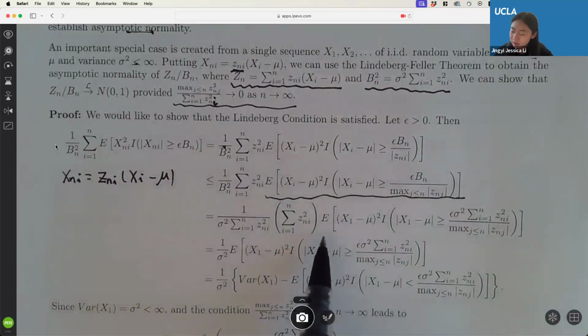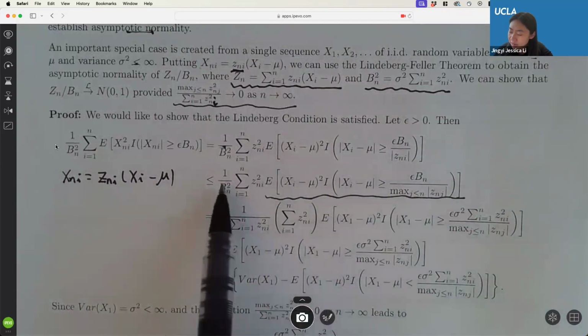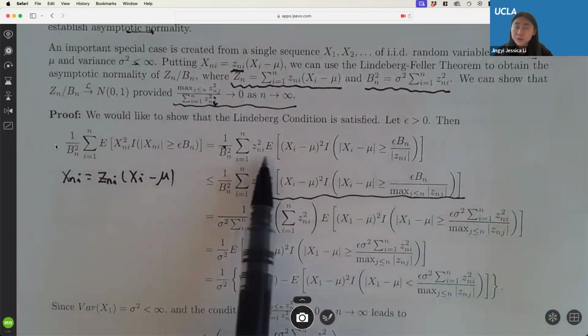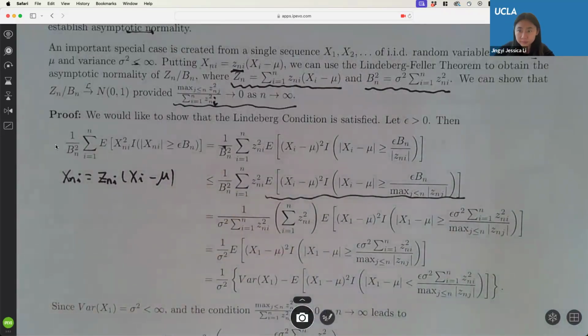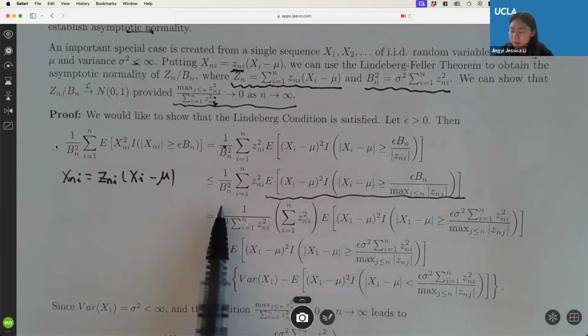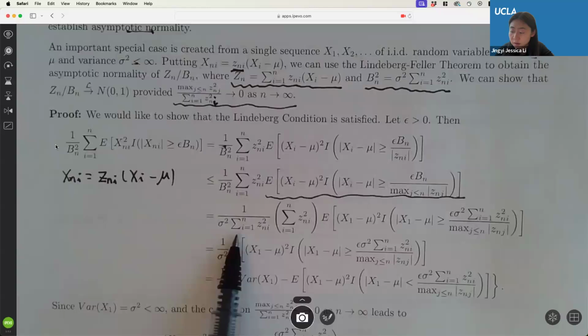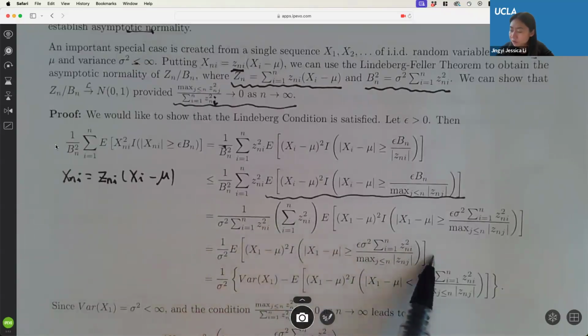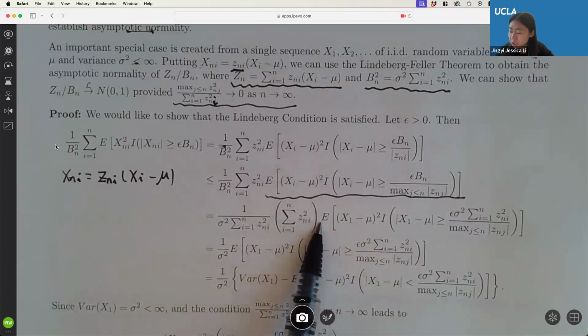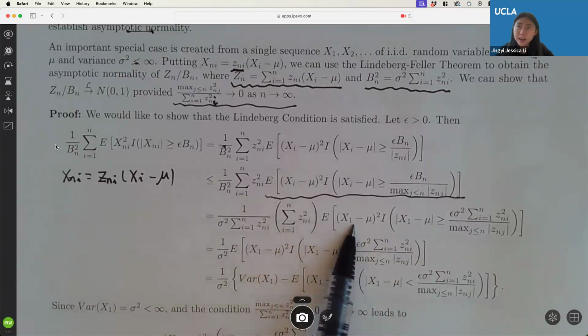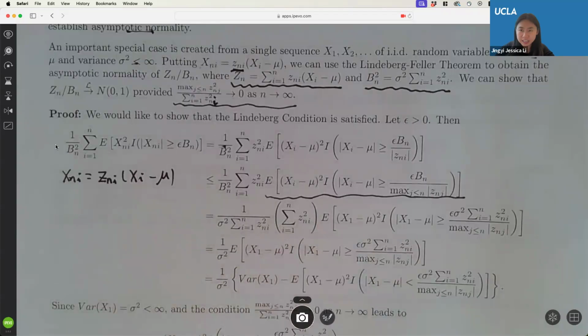That's why now here, the expectation is out of the sum, and the sum here is only for z_ni squared. Okay, and this z_ni squared and the z_ni squared in the bn squared can be canceled. Then we just have 1 over sigma squared. And for the expectation, we just use x1 as the representative because each xi is IID.